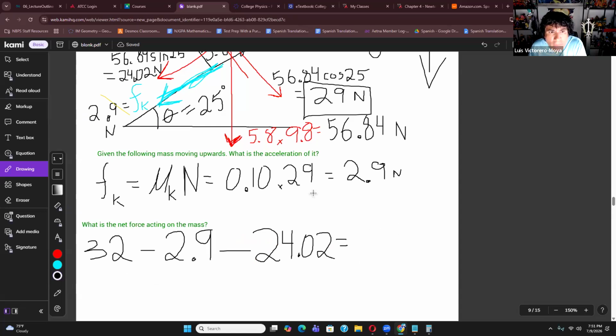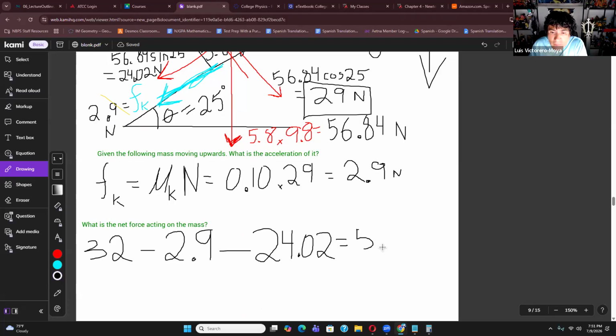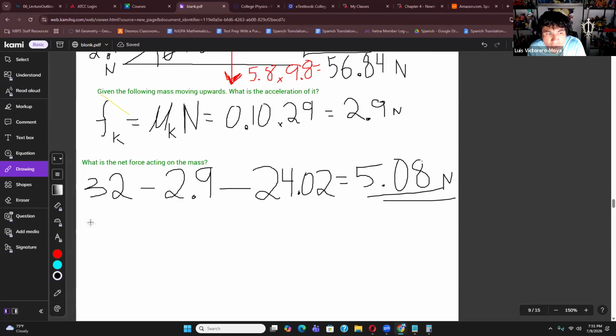That's equal to mass. Well, let's find the net force first. 32 minus 2.9 minus 24.02, 5.08. Yeah, 5.08 newtons. That's the net force acting on the mass. To find the acceleration, we know that the net force equals ma.